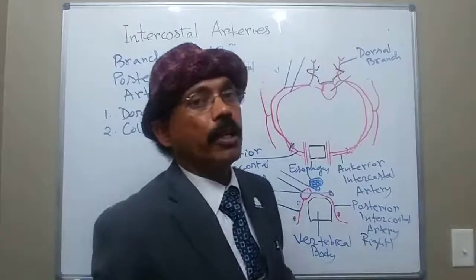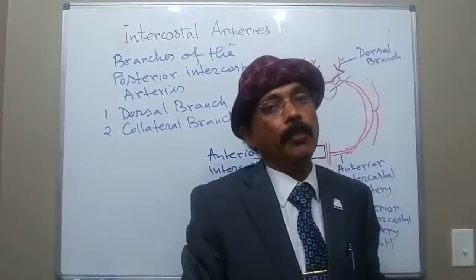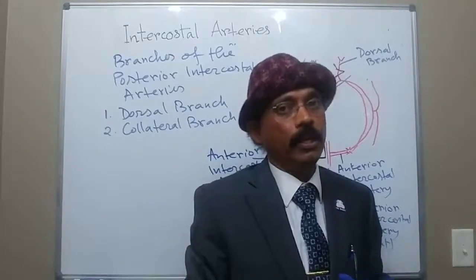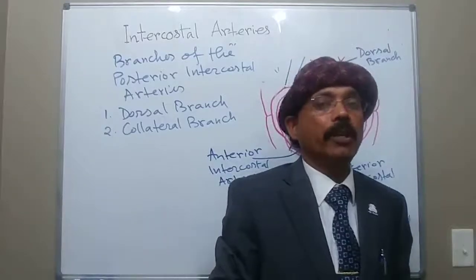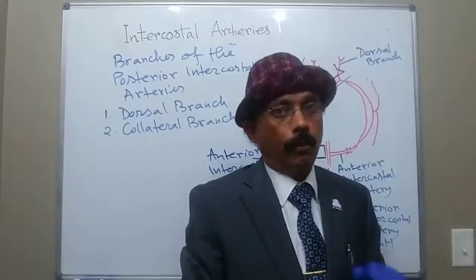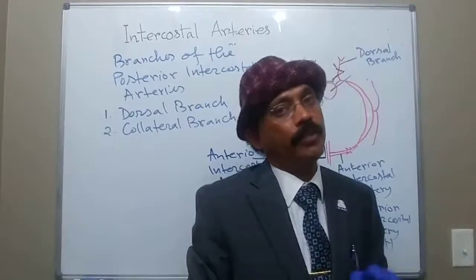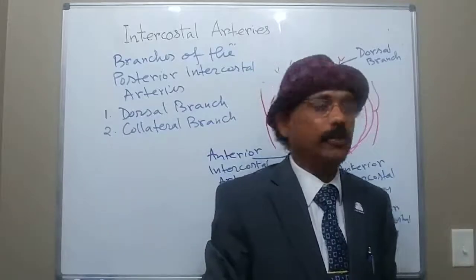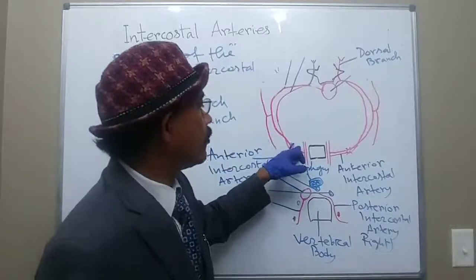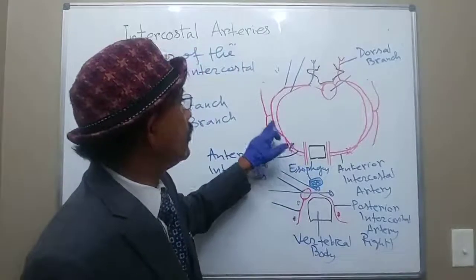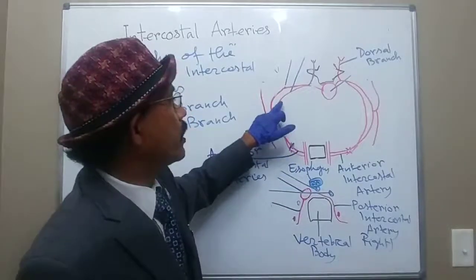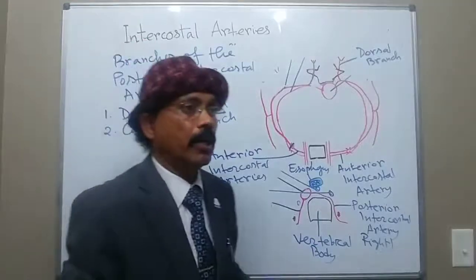We have two anterior intercostal arteries in each intercostal space.